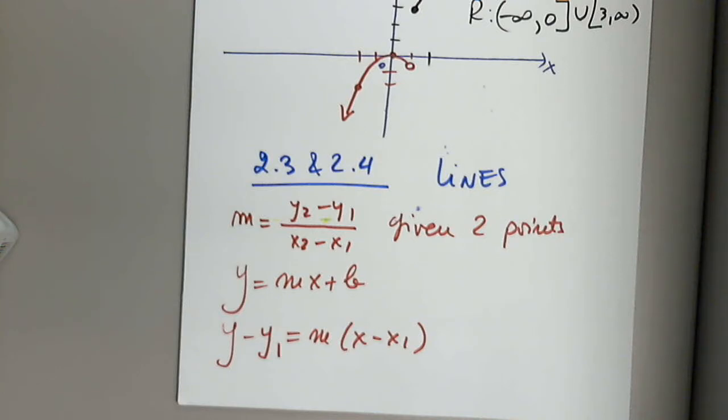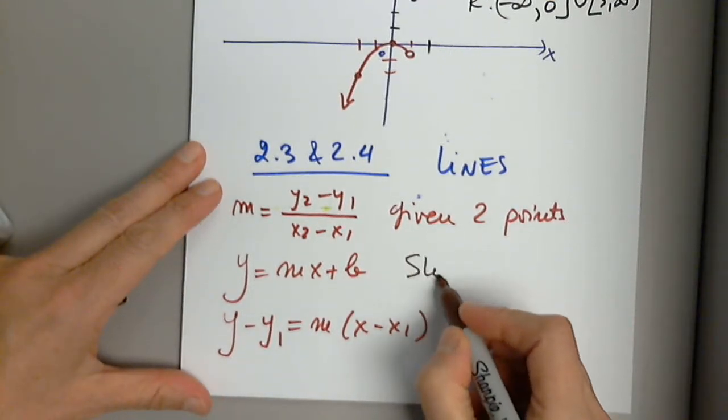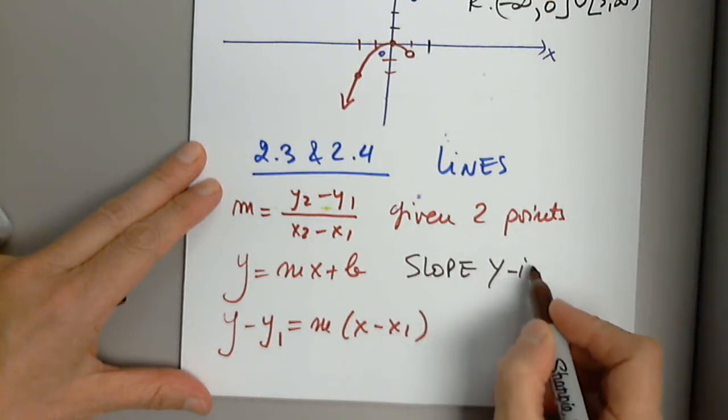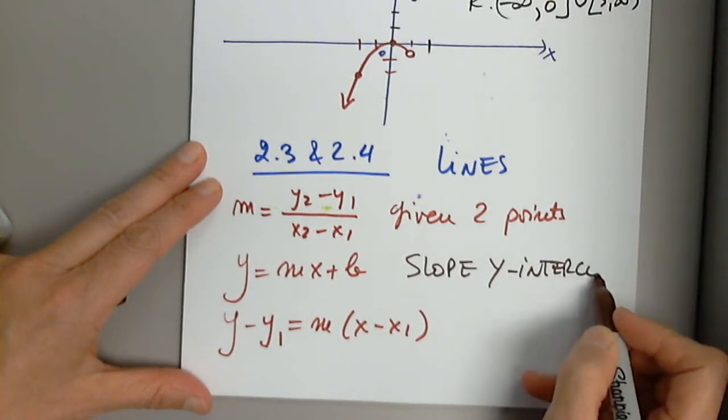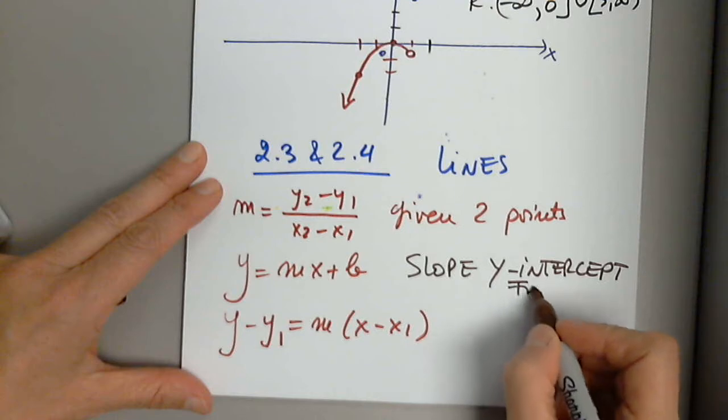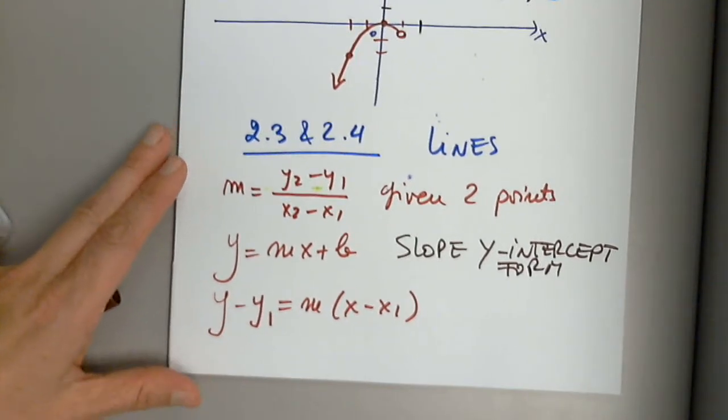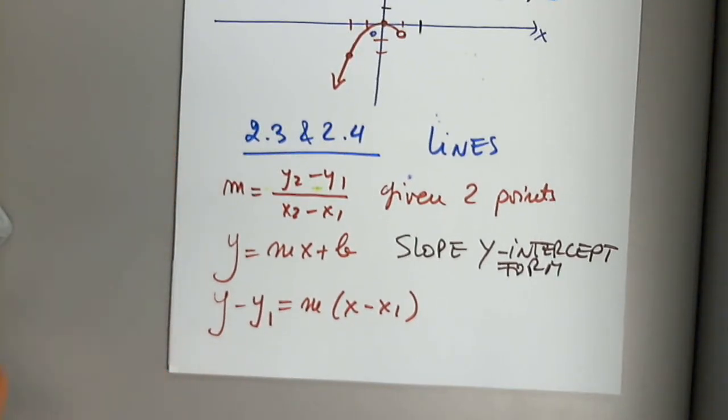What is the first one? The first one is the slope y-intercept form, also called slope-intercept form, but I like to specify. But it's okay if you say it's slope-intercept form. What is the second one?